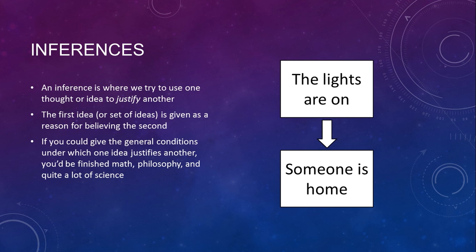But in practically all of the cases that you'll encounter in your life, and in practically all of, for example, philosophy and science, when one idea justifies another is often a matter of controversy and ambiguity. And this is what we're trying to do here: learn to navigate those ambiguous cases.